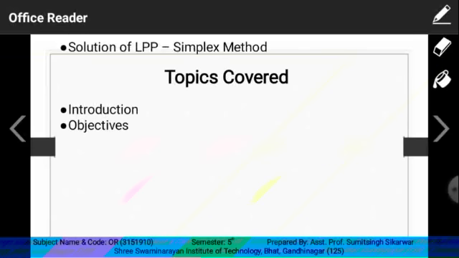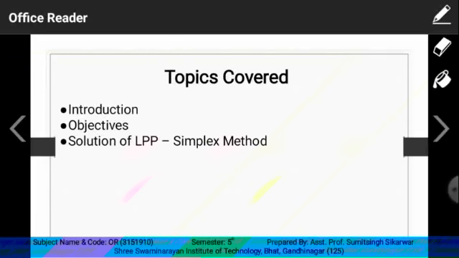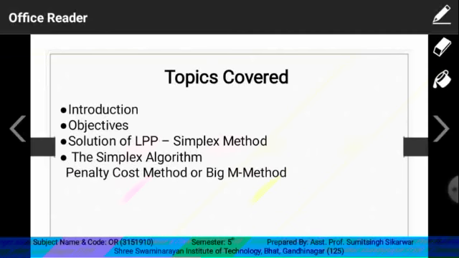We'll see the solution of LPP using simplex method. We'll see the simplex algorithm, in which we are going to learn two different methods, namely first is penalty cost method or big M method, and another is the two-phase simplex method.